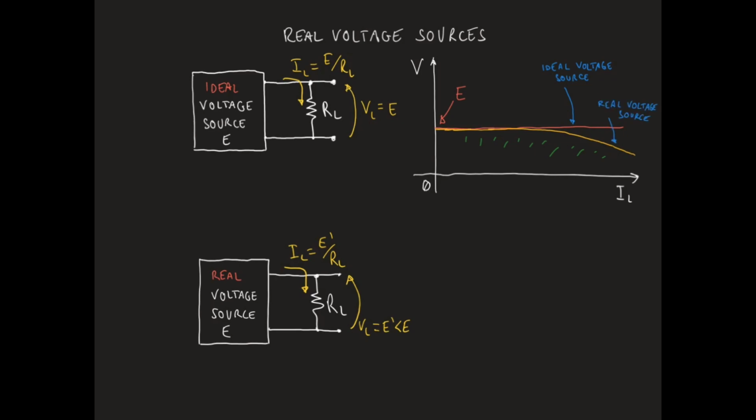We can also think of representing the voltage generated by the two voltage sources, so the ideal and the real voltage source, as a function of the resistive load attached to the source. Note that as the resistance goes to zero, the current flowing to the resistance goes to infinity.